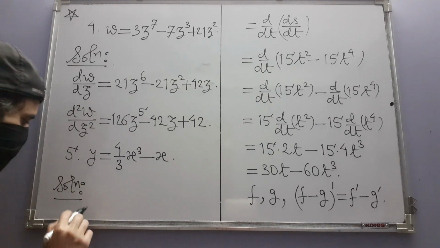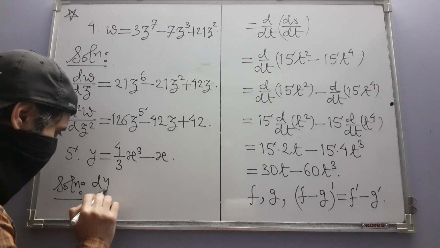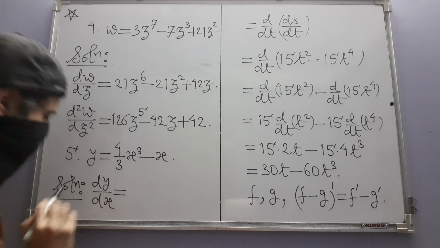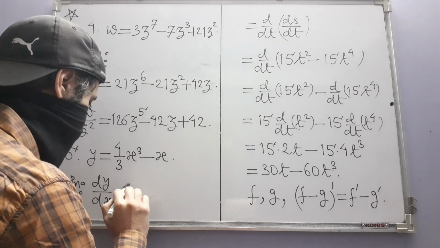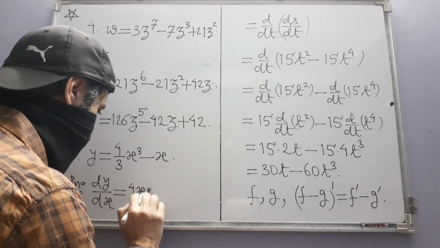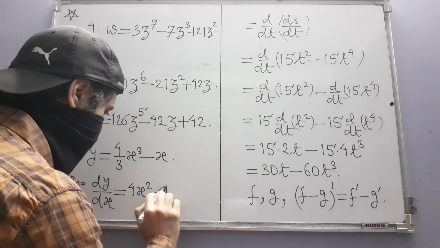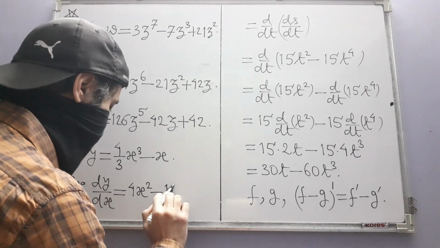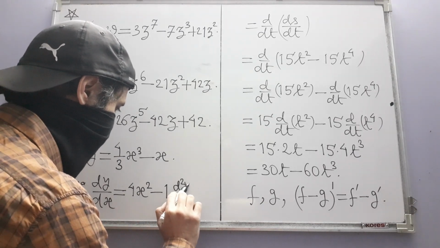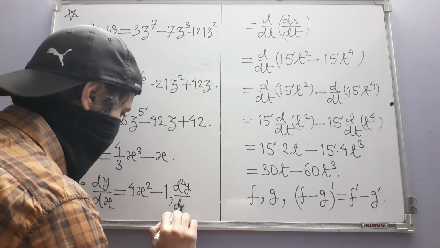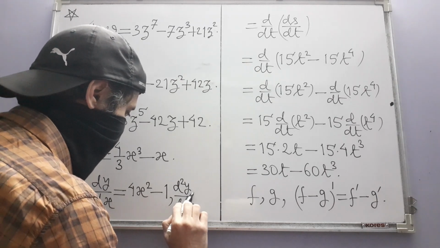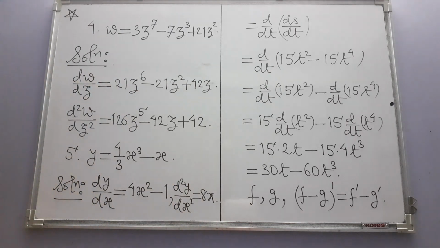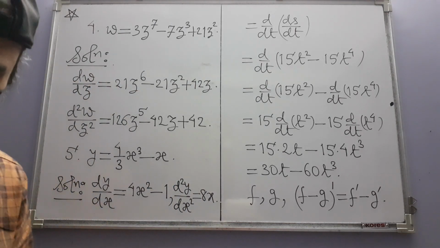So we have again come back to y and x. And I think I can write the second derivative here itself. D squared y dx squared will be 8x. See if you get these expressions.